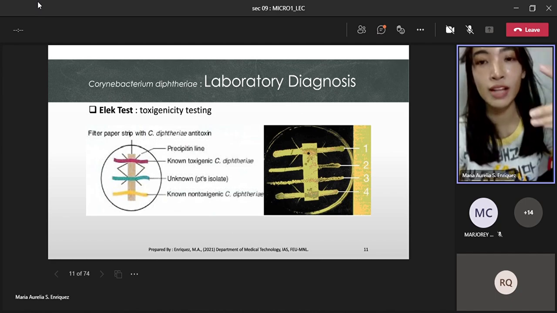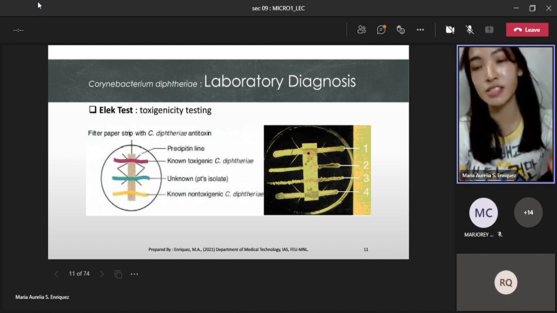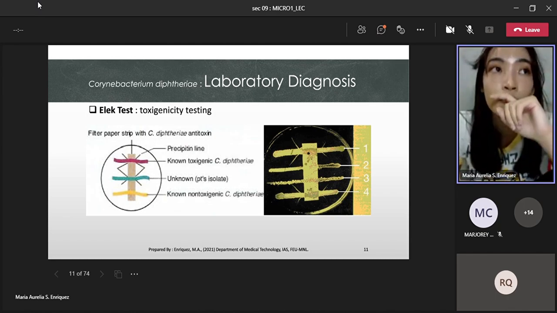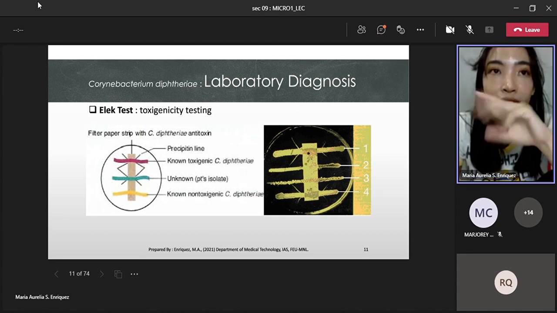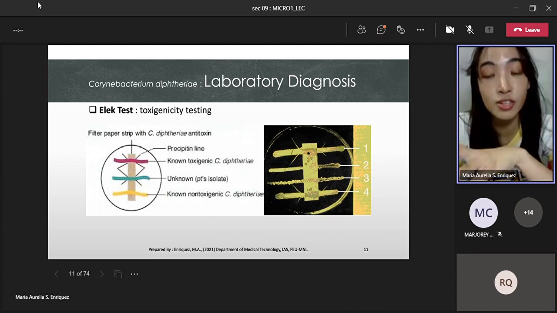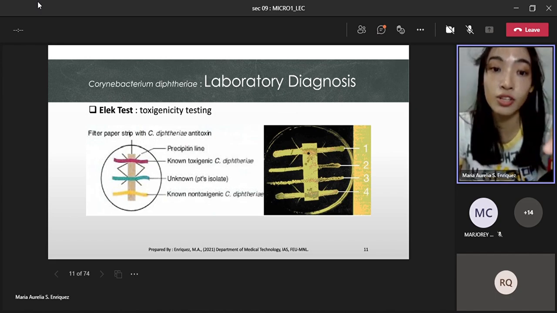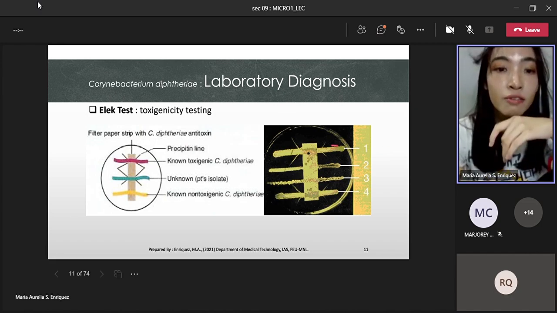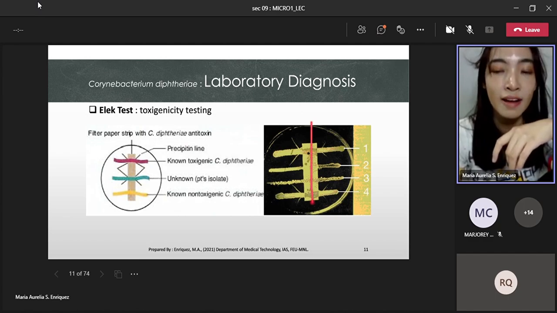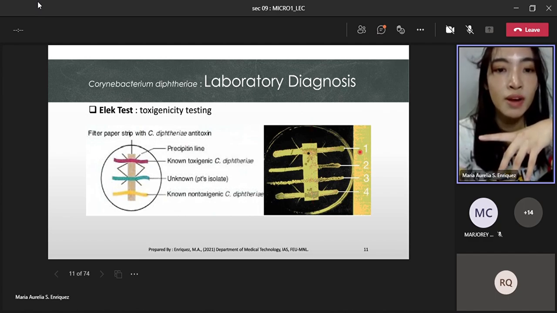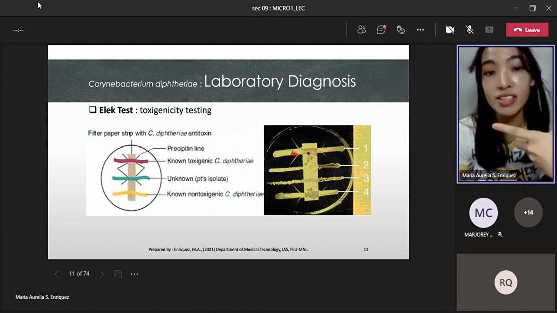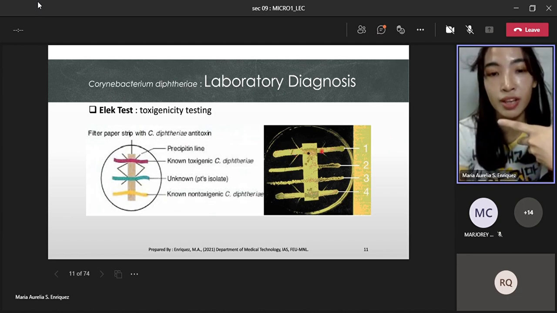So yung mga nakikita po natin na parang nakatagilid na letter V, yun po yung tinatawag natin na precipitin lines. So these precipitin lines, they are produced after mag-react nung diphtheria toxin na produce ng bacteria versus yung diphtheria antitoxin na kino-contain nitong filter paper dito sa gitna. Okay? So this one, ito po yung positive control.